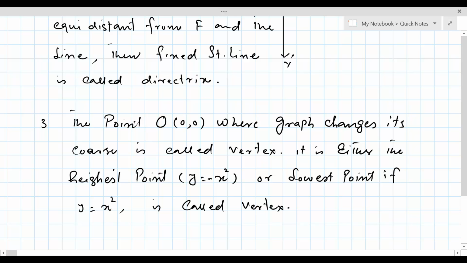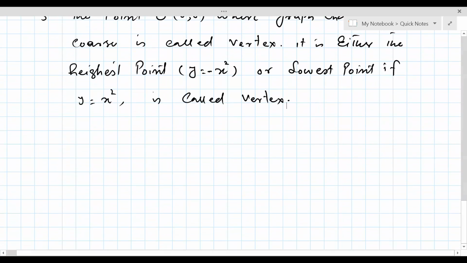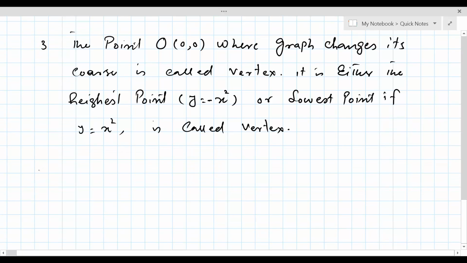Now, the line passing through the vertex and the focus is called the axis of the parabola. So this is number 4.